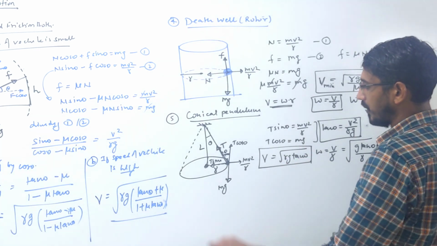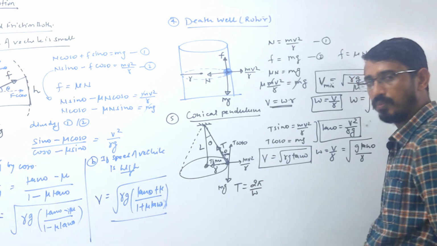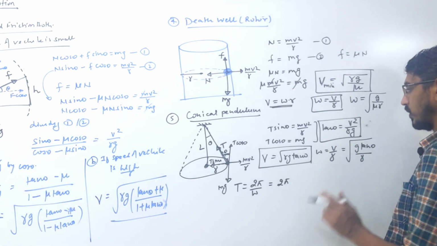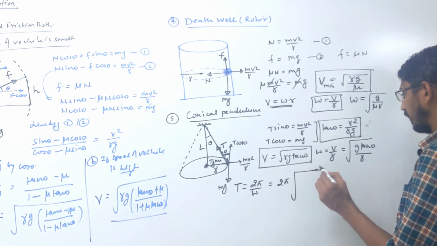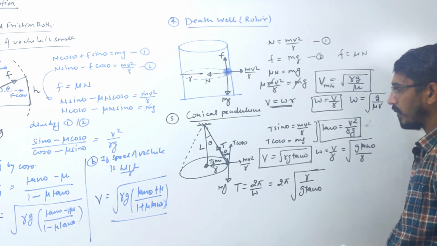Or if they ask the time period of rotation, then time period is 2 pi by omega, we know the formula, right? So 2 pi is okay, and omega means this term. When you divide, r will go up, g and tan theta will come down. This is one way to answer.